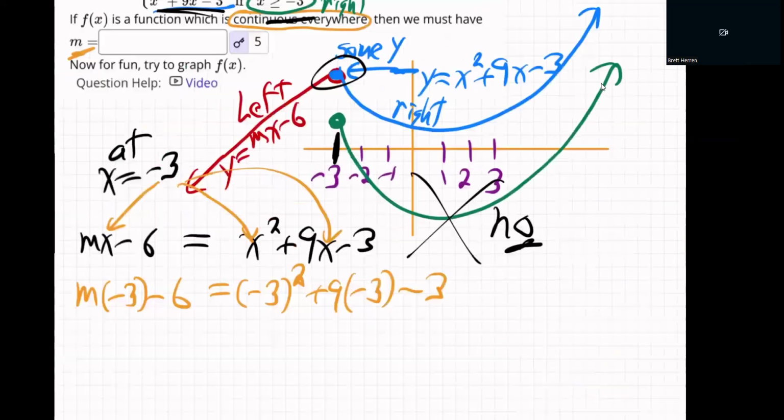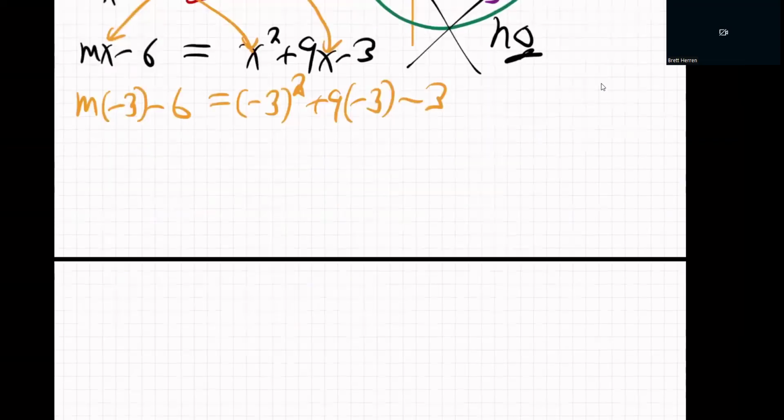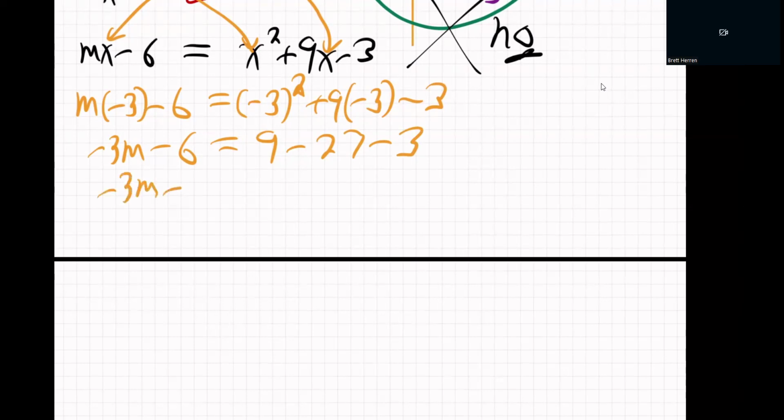Now we're going to solve that. -3m minus 6 equals 9 minus 27 minus 3. So that's minus 21.